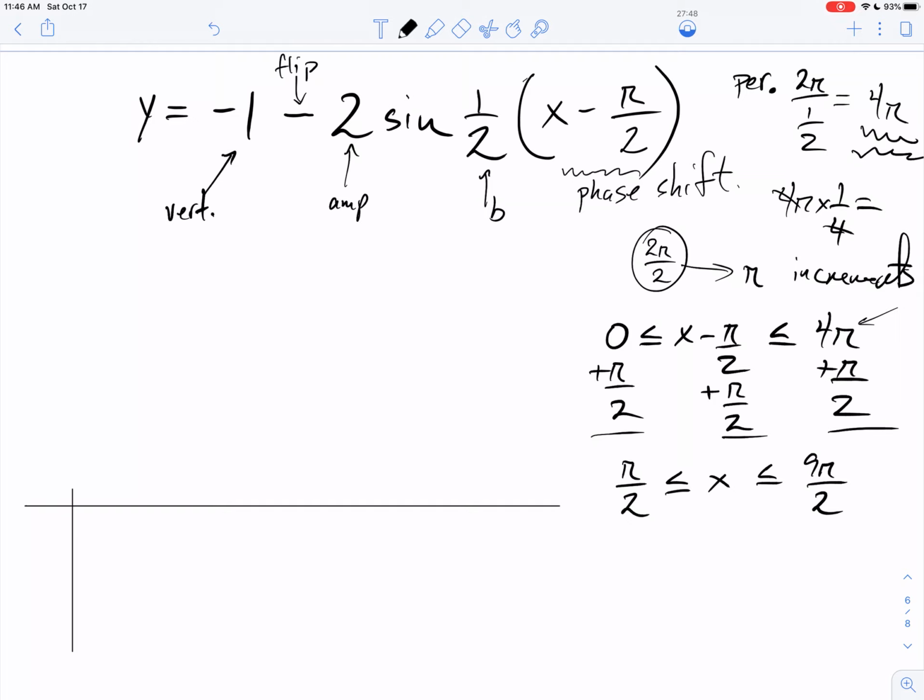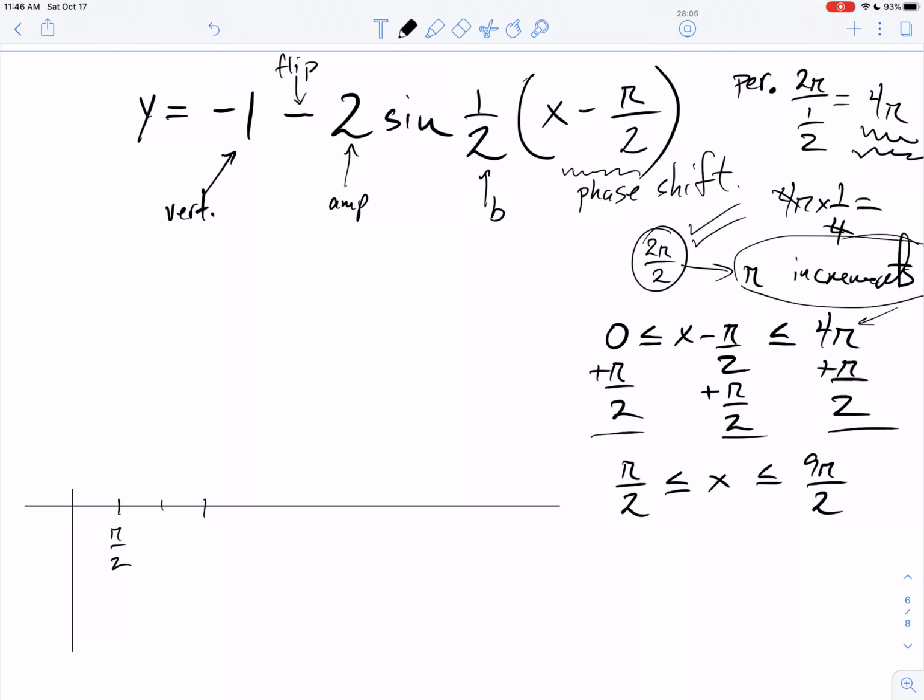I know I'm going to start at pi over 2. And my increments are in pi, so this is going to be my strategy here. I'm going to start here at pi over 2, but then I'm going to add 2 pi halves to that.